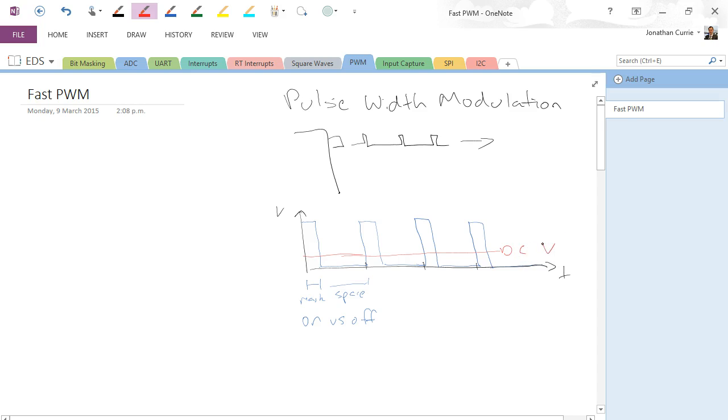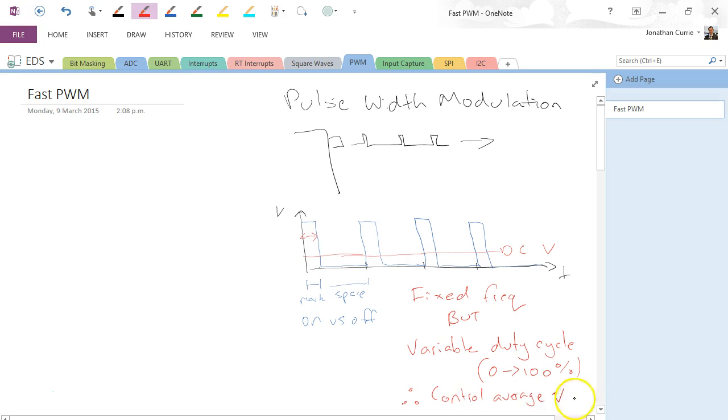So by changing the duty cycle, in other words the width of that pulse, while keeping the period the same between them, so we have fixed frequency but variable duty cycle, which goes from 0 to 100%, we can control the average voltage on that pin, on this guy here.